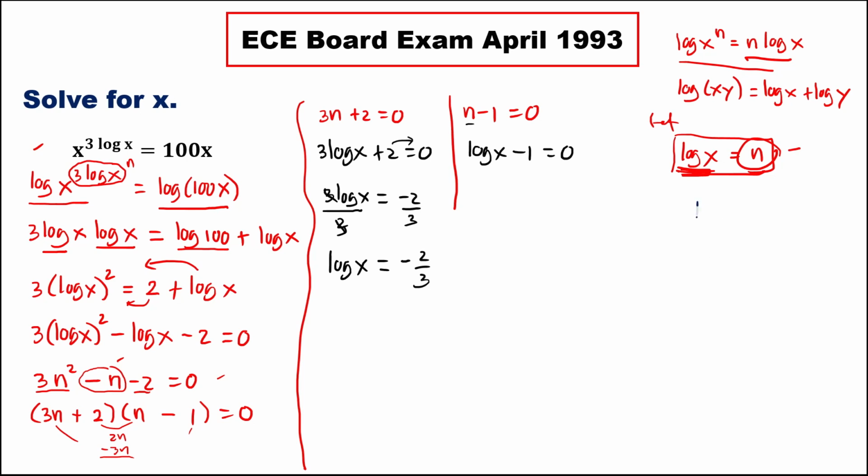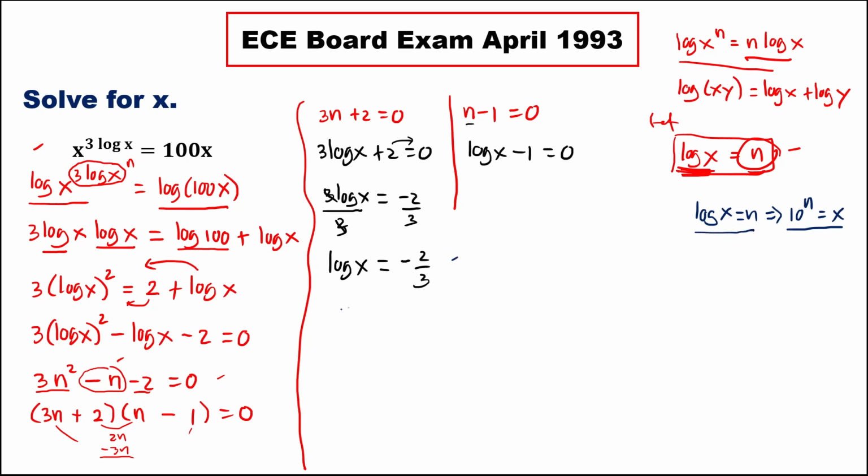Since log x equals n, in exponential form, take note the base is 10, so this becomes 10 to the power n equals x. So this is now the exponential form for log x equals n.